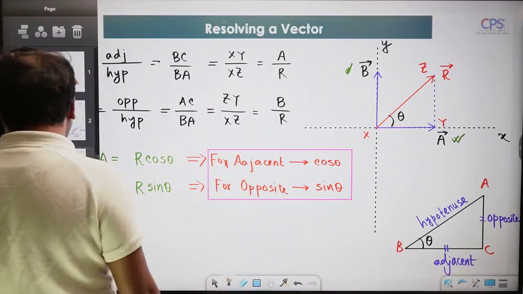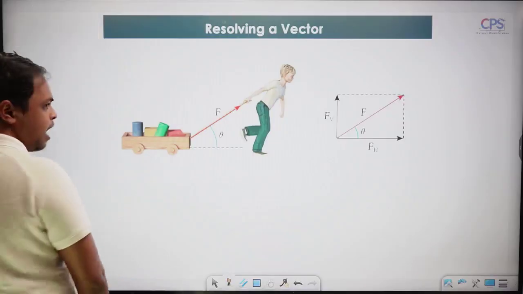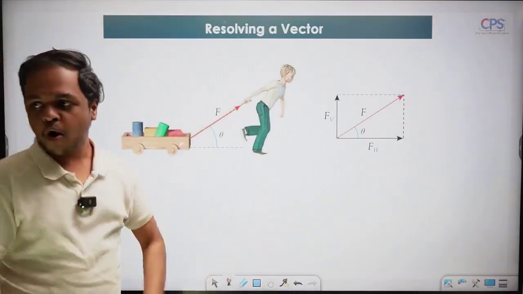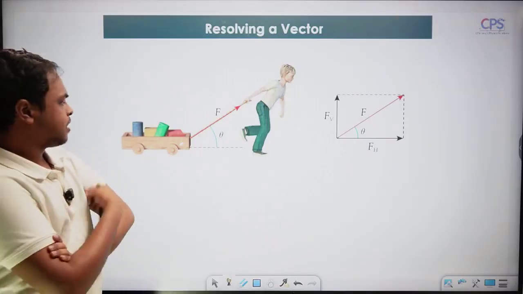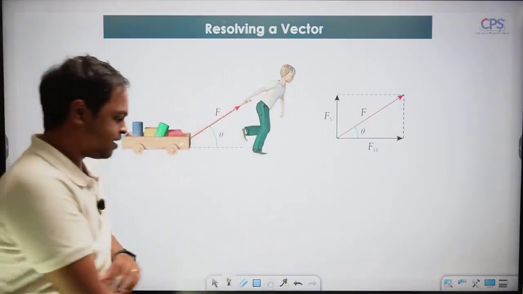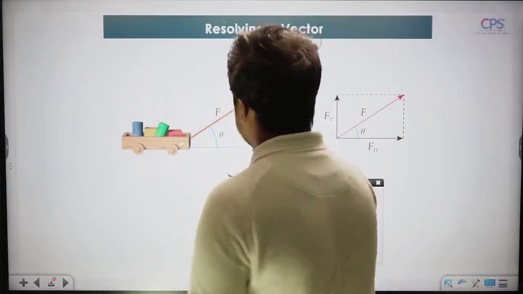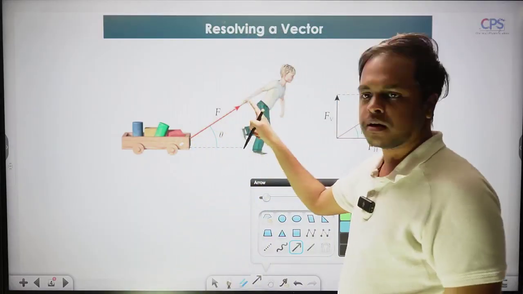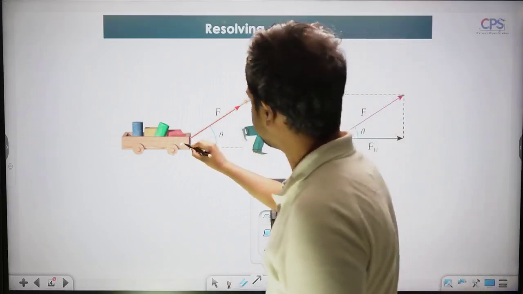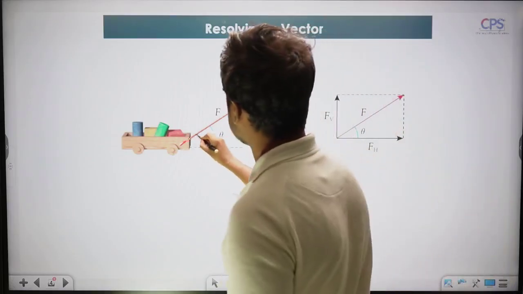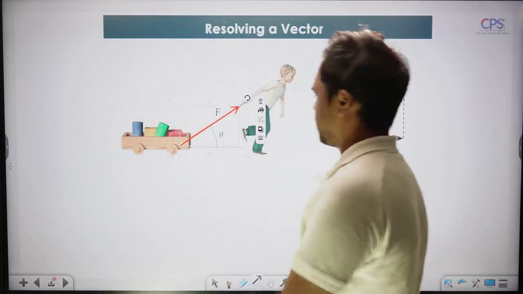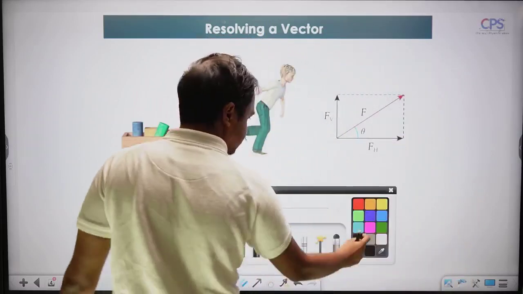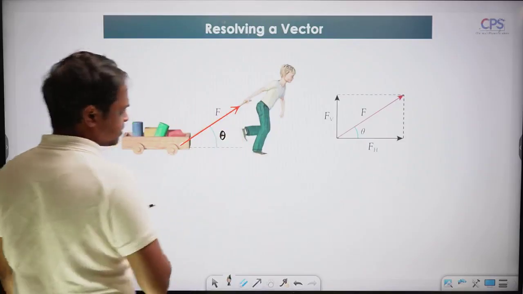So if we try to just see how does it apply to our problems, let's say a man or a boy is pulling a cart or something by applying a force through this rope. Okay, so the force here is F. And here it is, the adjacent is theta. See, there is adjacent theta.